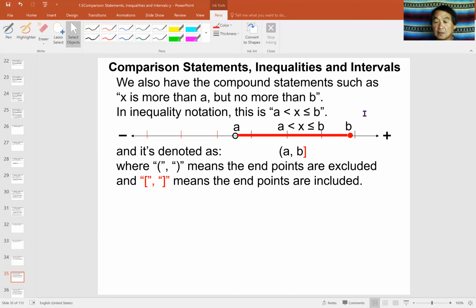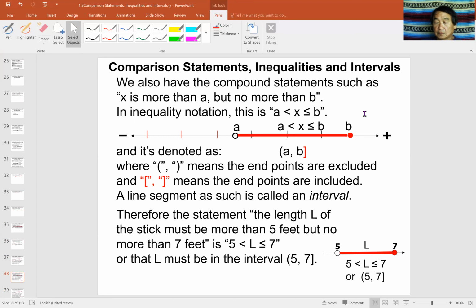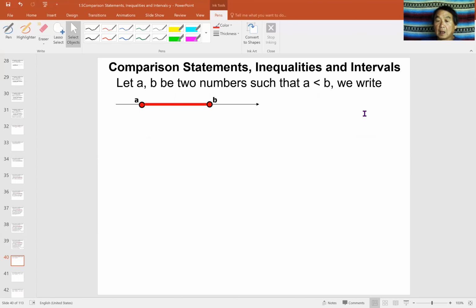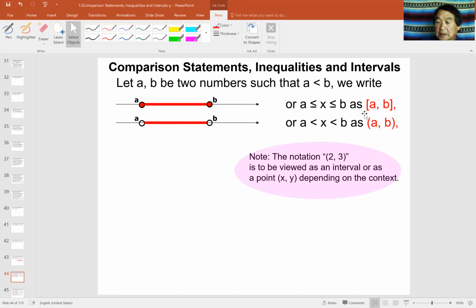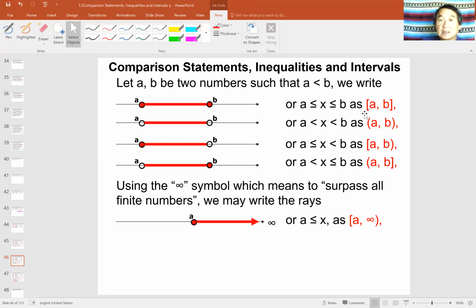So these we call interval notation. Here is an example of an interval, and here are all the different descriptions and cases in interval notation, in inequalities, in brackets and parentheses.